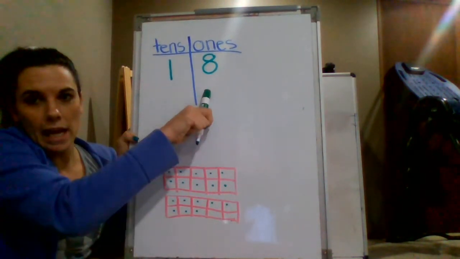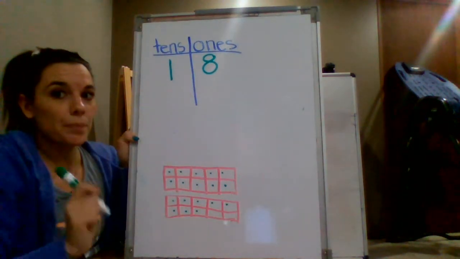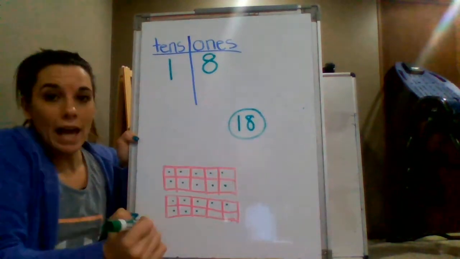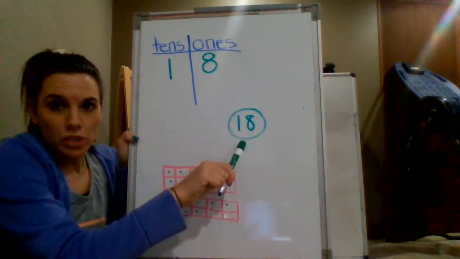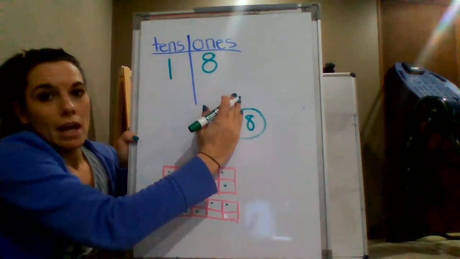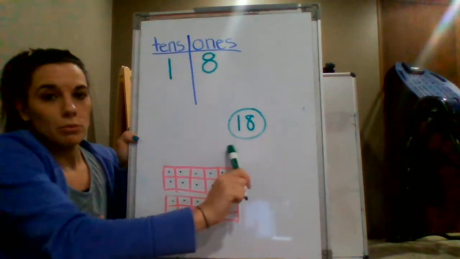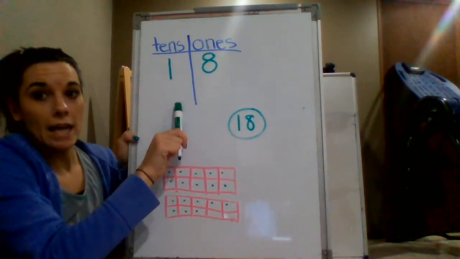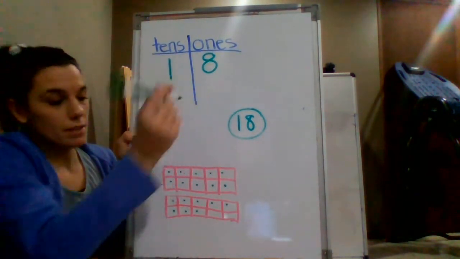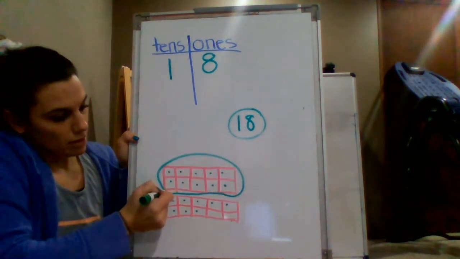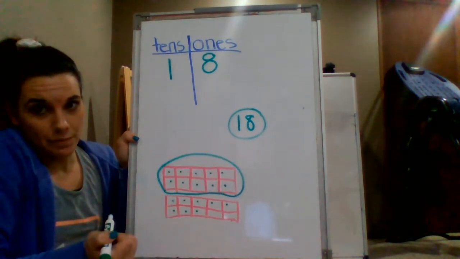One group of 10 and 8 ones makes what number? 18. Good job. So again, this is an example of a two-digit number. There's two numerals. We have a 1 and an 8. And then we have the place value. The number 18 is made up of one group of 10 and 8 ones. Let me show you down here. One group of 10 and 8 ones.